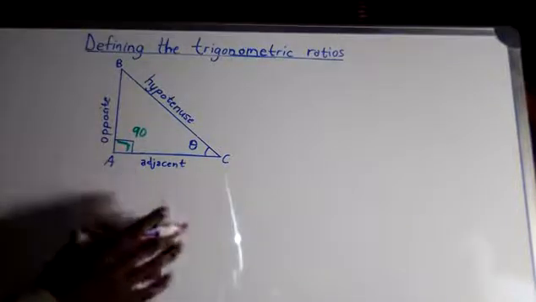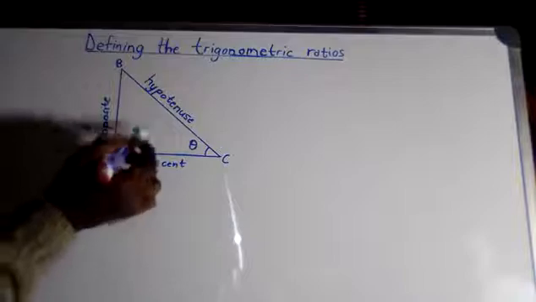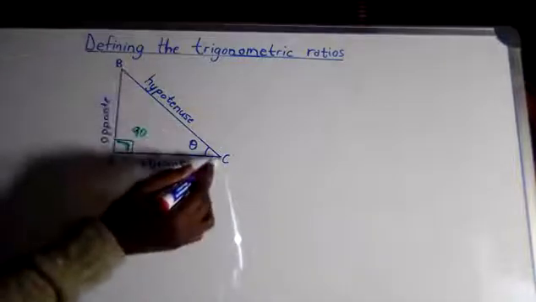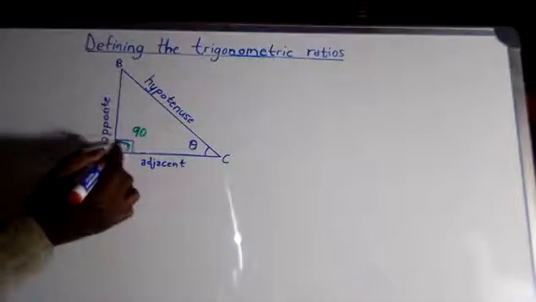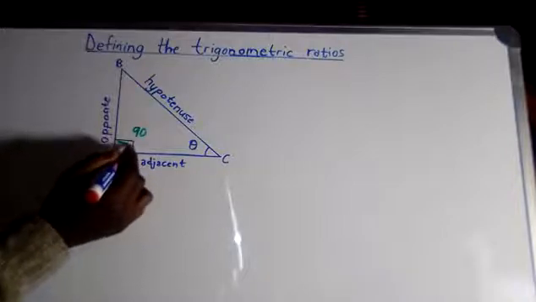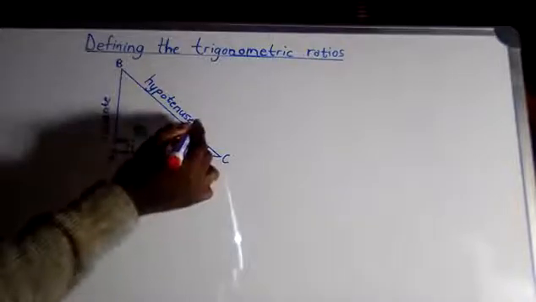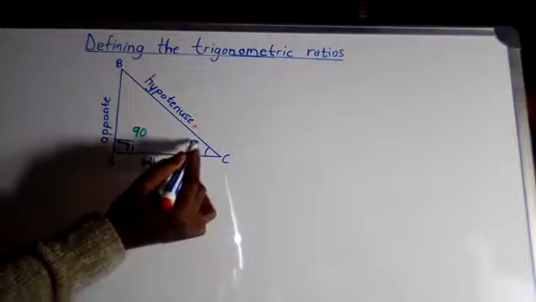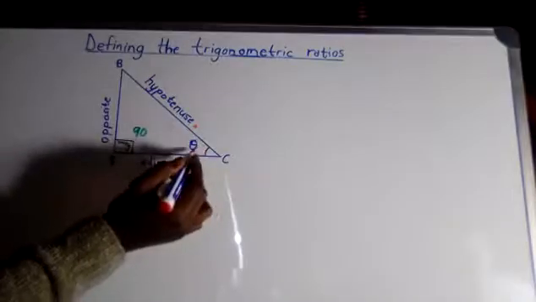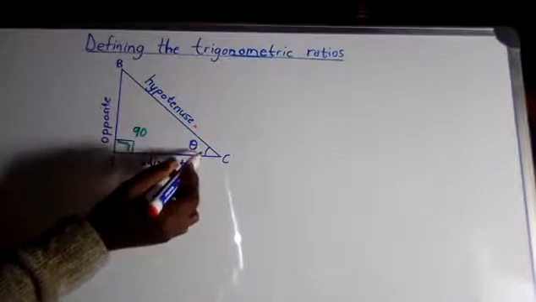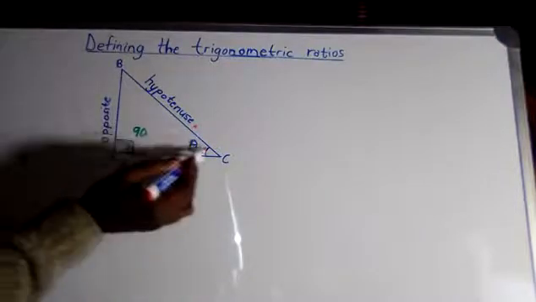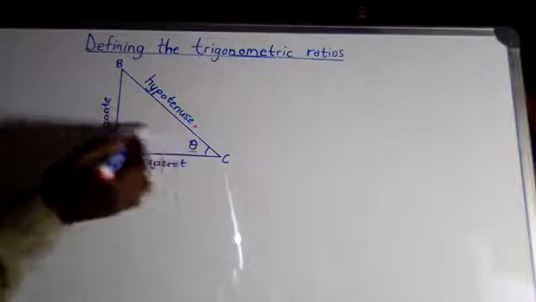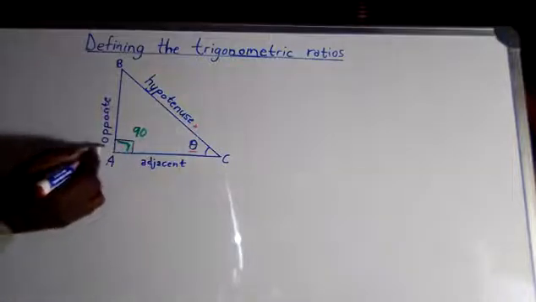Moving forward, the side opposite your right angle is called the hypotenuse. The side opposite the angle that you are working with, for now theta, is called opposite.